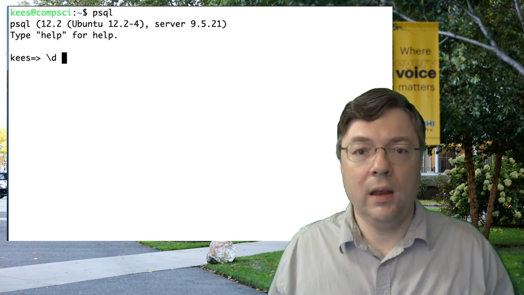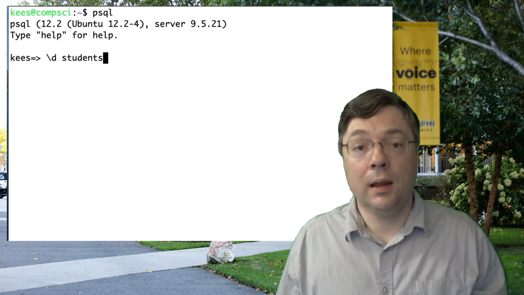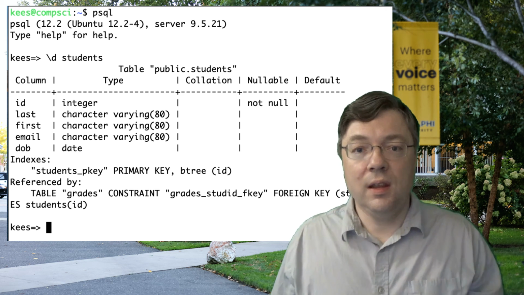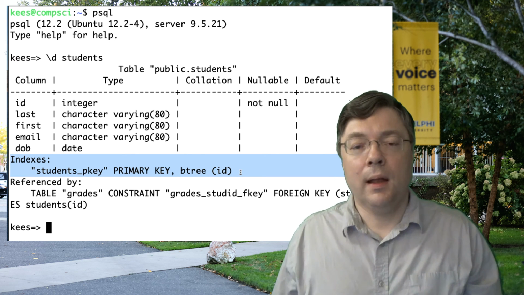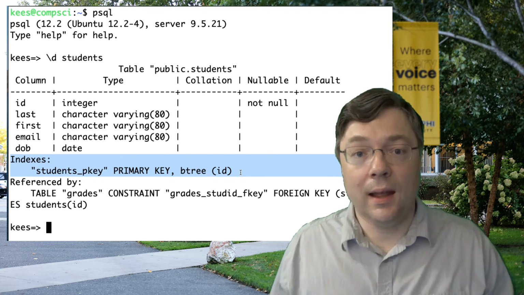Now the reason that I chose B trees is because B trees are widely used for database indexes. And as a matter of fact, the Postgres database does that too. If we look at the definition for any of our tables that have primary keys defined, we'll actually see that the way that Postgres implements a primary key is by defining an index.